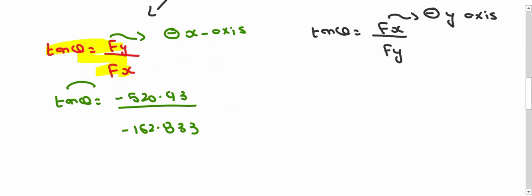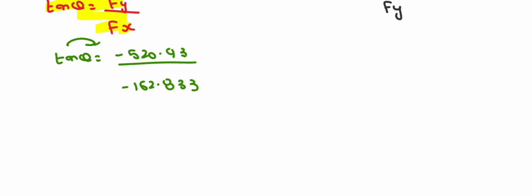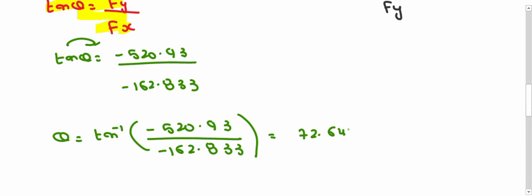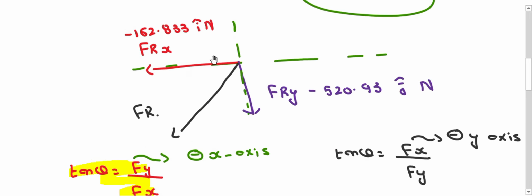Shift tangent to the opposite side so that theta is equal to tangent inverse of negative 520.93 divided by negative 162.833. So the value of theta is equal to 72.64 degrees. So this theta is 72.64 degrees.